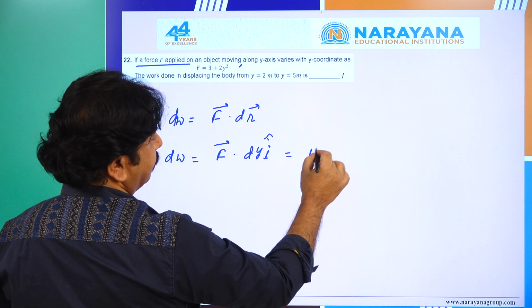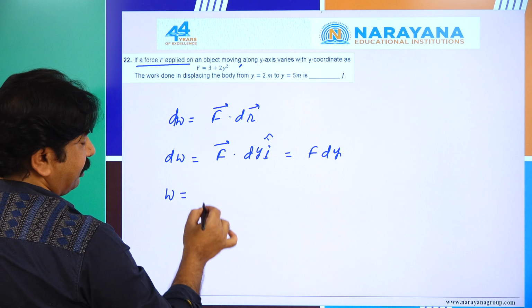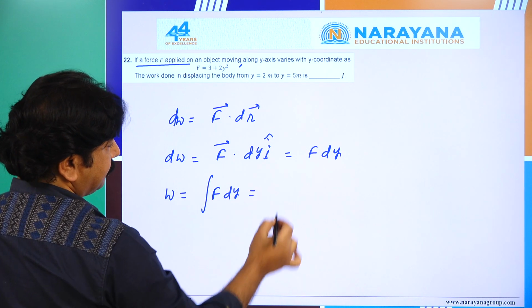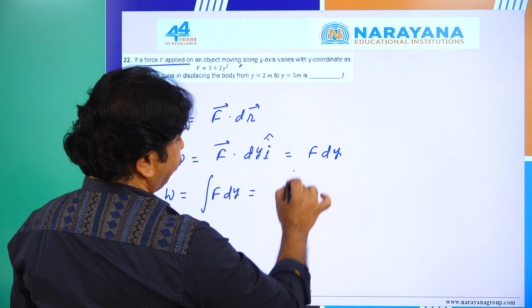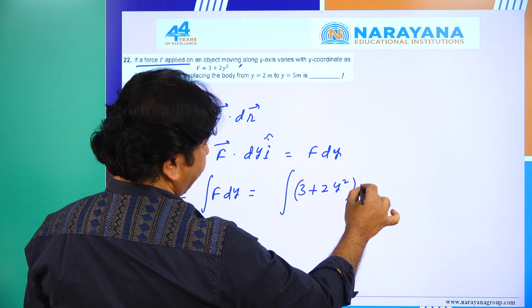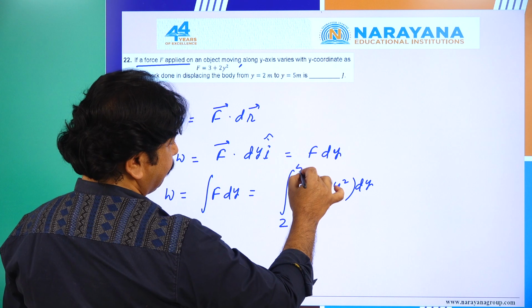Then we can write F into dy. Net work done is the integral of F dy, so the integral of 3 plus 2y square dy. The limits are already given, 2 to 5.